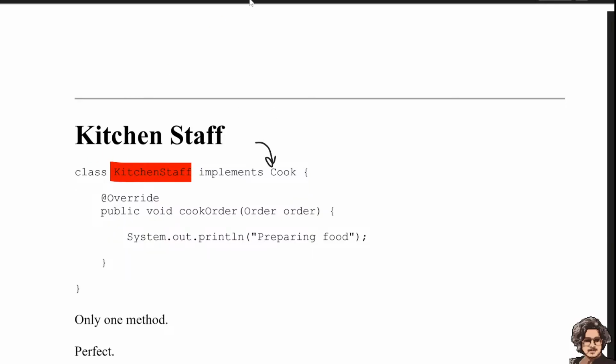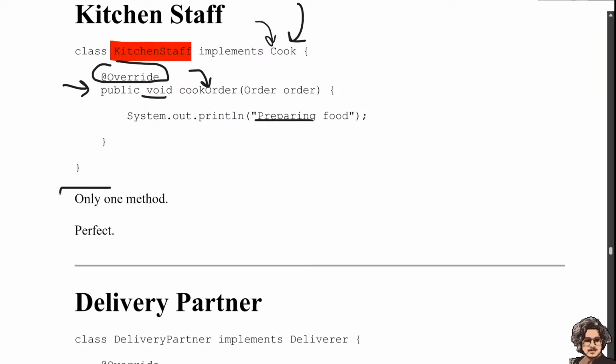The class implementing cook can override public void cook order, the system of preparing the food. Only one method is required, and that is perfect.